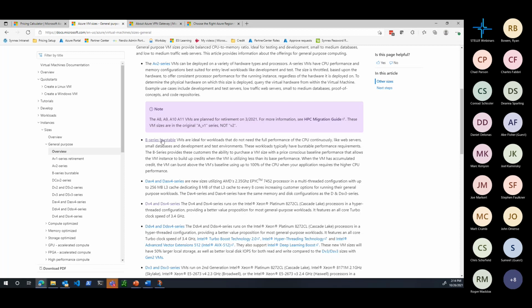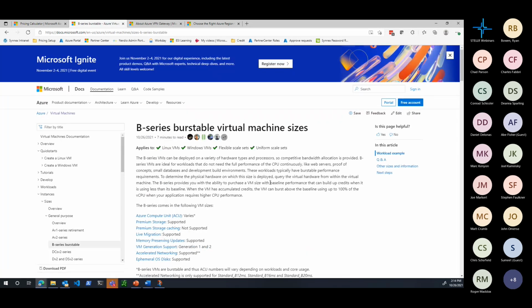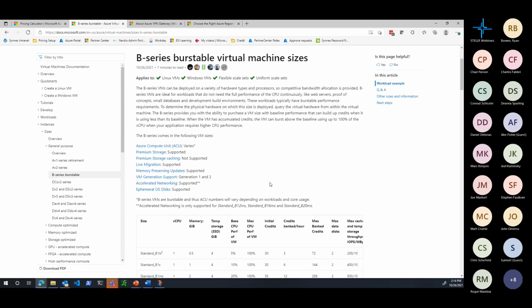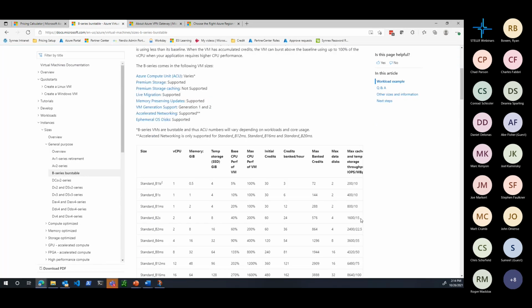So these B series are called burstable workloads, and it's designed so that you can have a full server up and available 24/7, but essentially you're sharing this server with others.